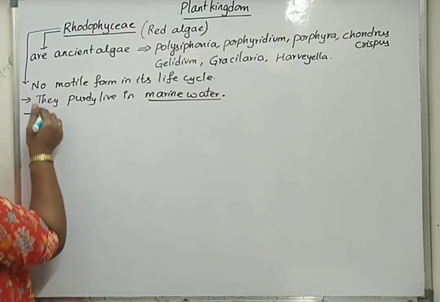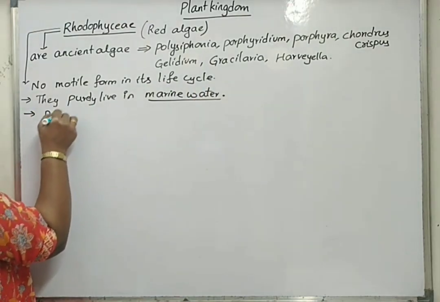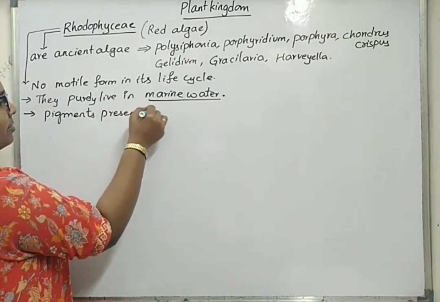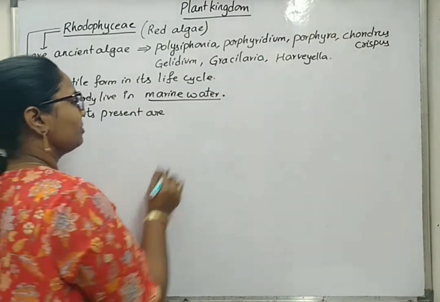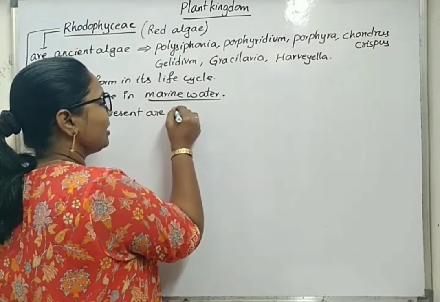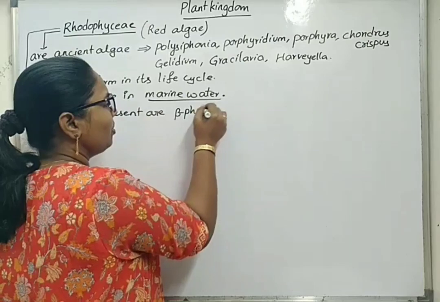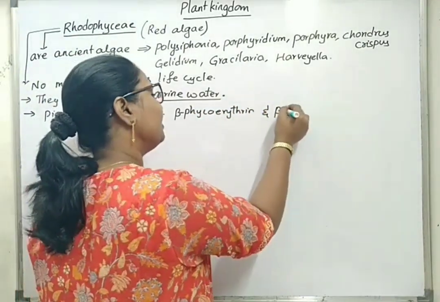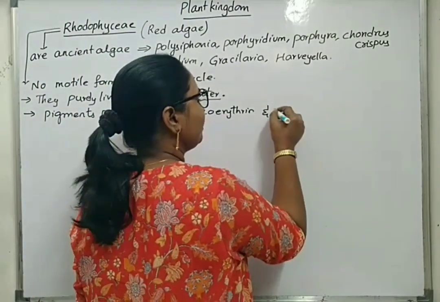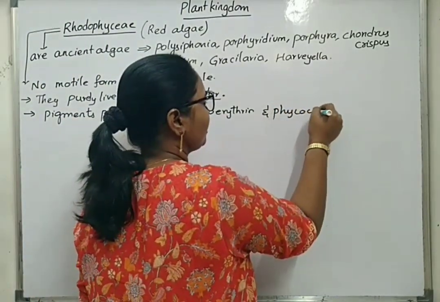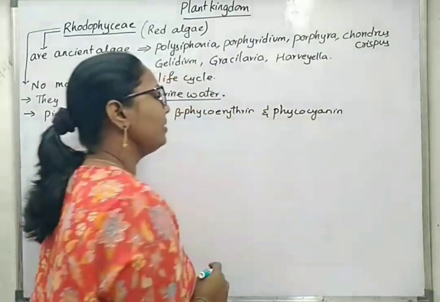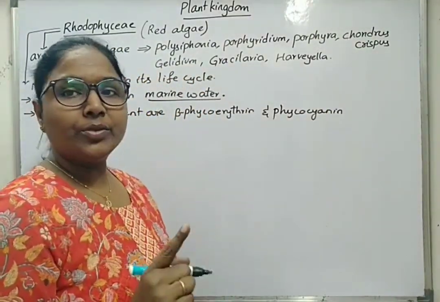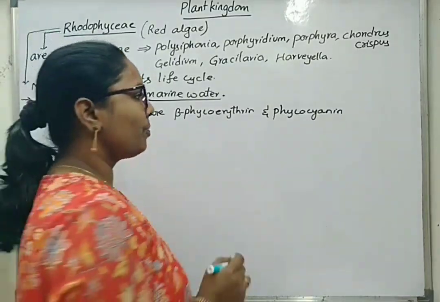Next, pigments present are phycoerythrin and phycocyanin. Phycoerythrin is red in color. Phycocyanin is bluish white in color because of the presence of copper ions.